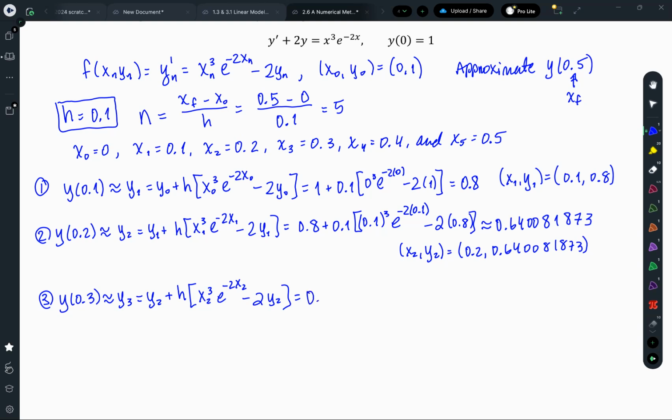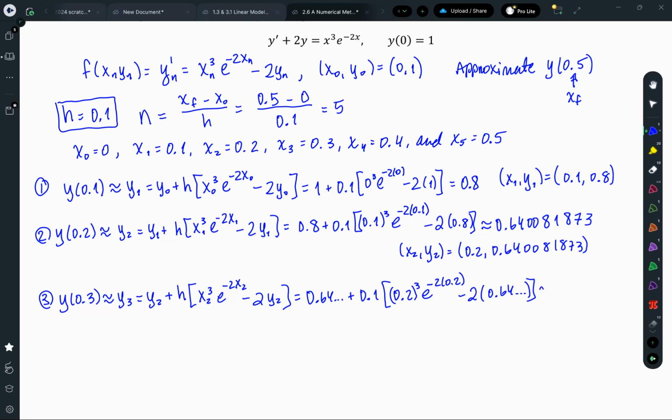So it's 0.64 dot, dot, dot plus h, which is 0.1, times x2, which is 0.2 cubed, e to the minus 2 times 0.2, and then minus 2 times the y2, which is 0.64 dot, dot, dot.